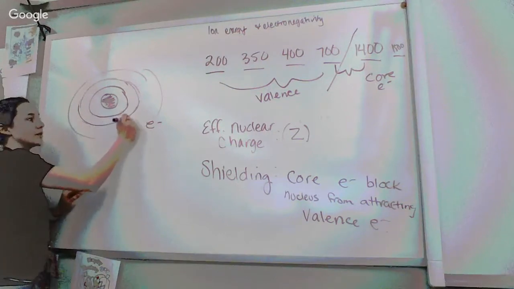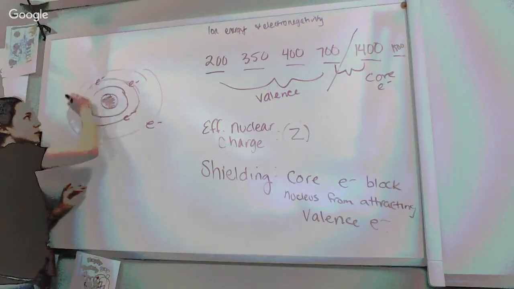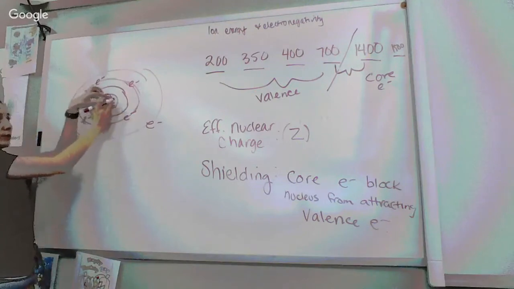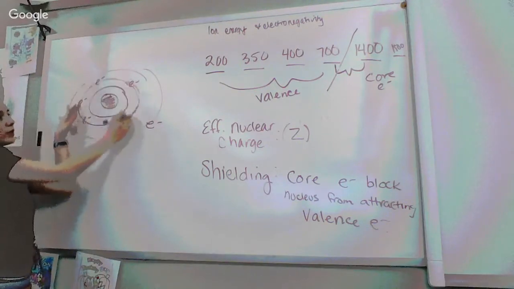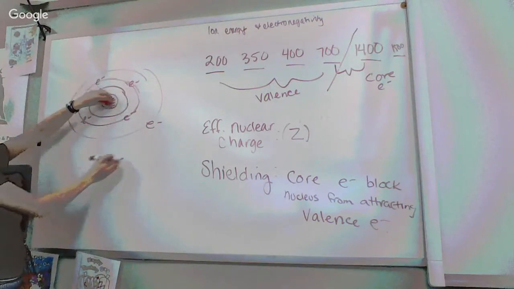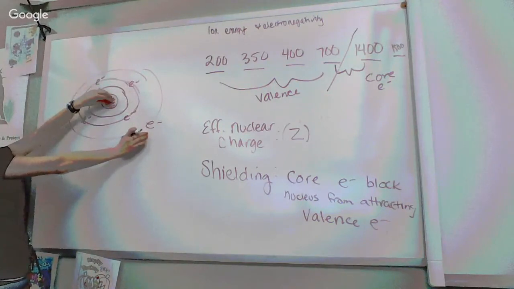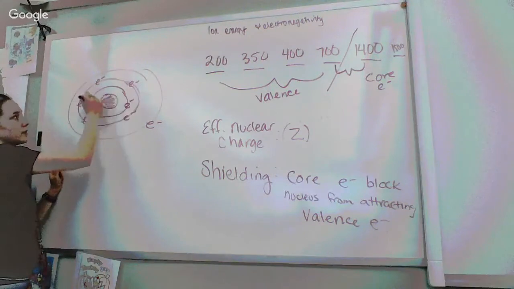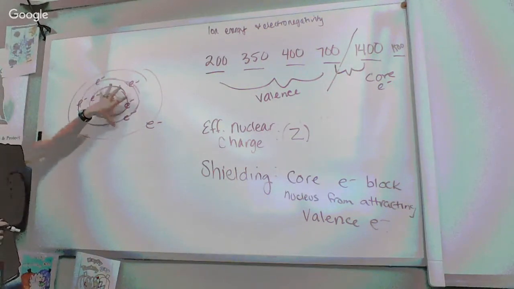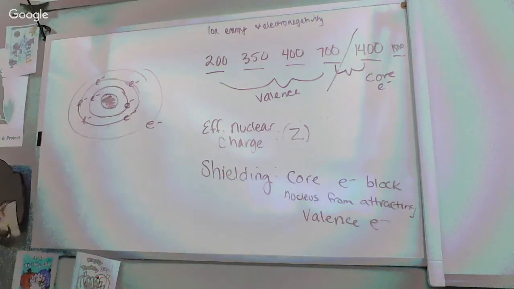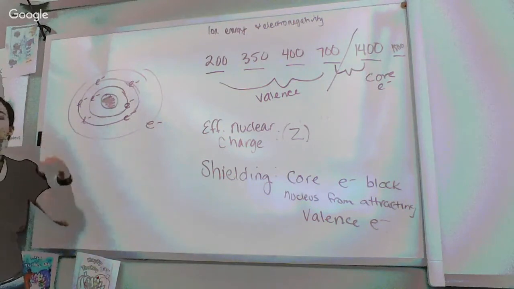But because there are these inside electrons, they're also being attracted to the nucleus. They're also repelling the outside ones. So they're interfering with the nucleus' ability to attract those outside electrons. And this one happens to have 2 inner shields. And so every energy level increases your shielding. And every energy level is going to interfere a little bit more.